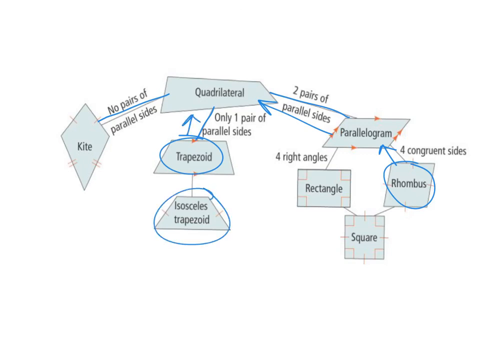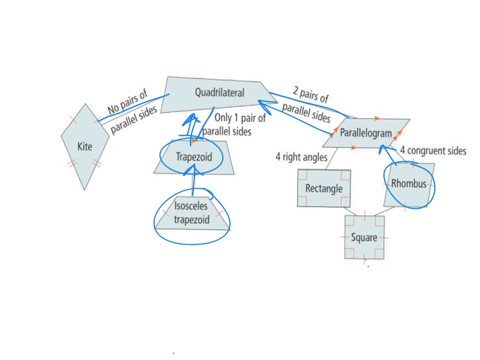If I go to an isosceles trapezoid, it is a trapezoid and a quadrilateral. So everything at the bottom is everything above it. Everything at the top is not necessarily everything below it. Does that make sense? So a quadrilateral is not necessarily a square, but a square is always a quadrilateral, okay? So you're kind of working from the bottom up with that. Does that make sense? Questions?